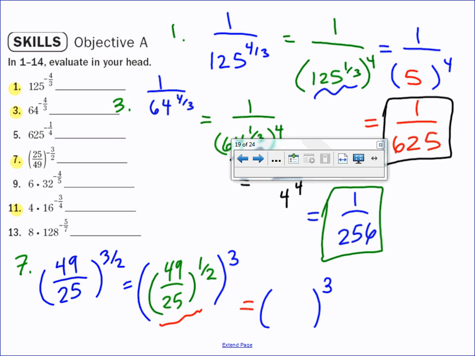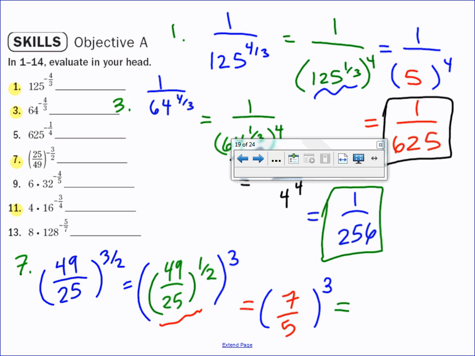So I do 49/25 to the 1/2 power. That's the square root of 49/25. So the square root of 49, 7, over the square root of 25, 5. And now I evaluate 7/5 to the third power.